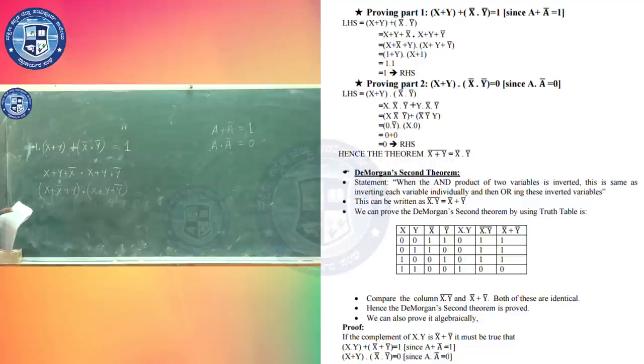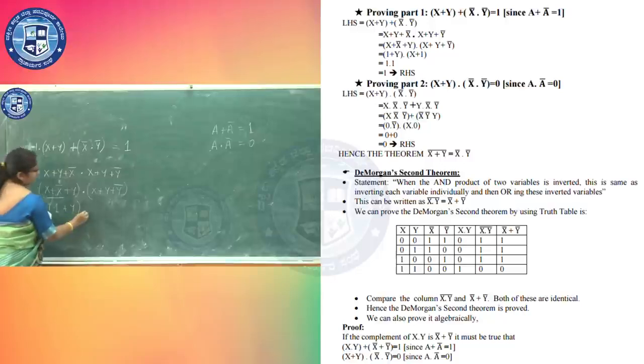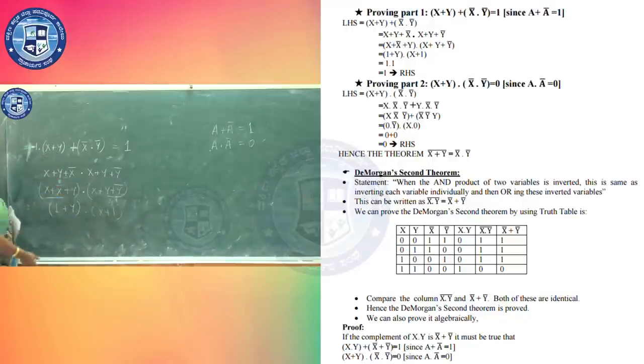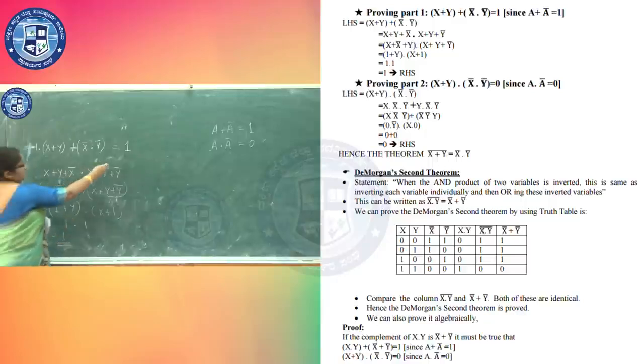These two terms we have here. X plus x dash is nothing but 1 plus y. Y plus y dash is nothing but 1, that is x plus 1. We already know 1 plus y or 1 plus z or 1 plus x is nothing but 1, and that is equal to 1 into 1, which is nothing but 1, which is our RHS.